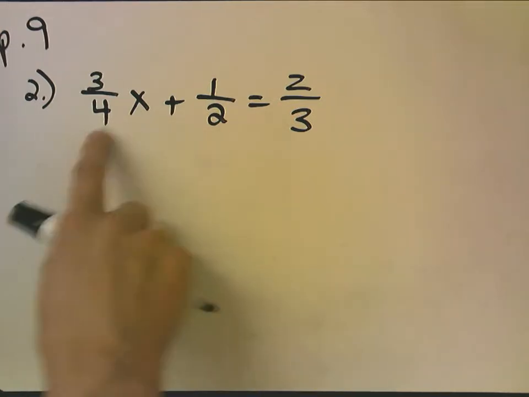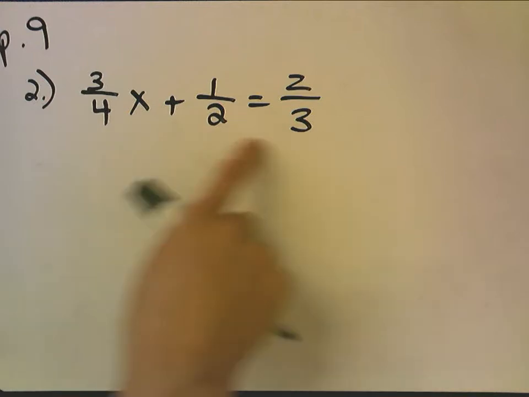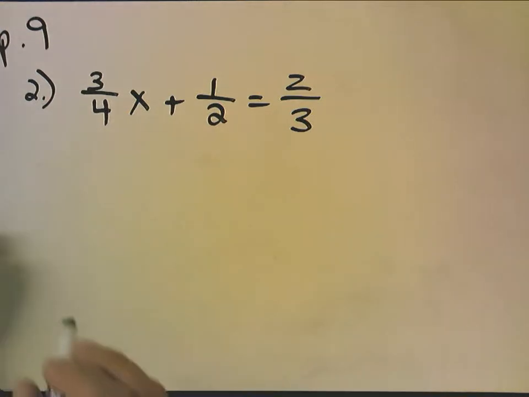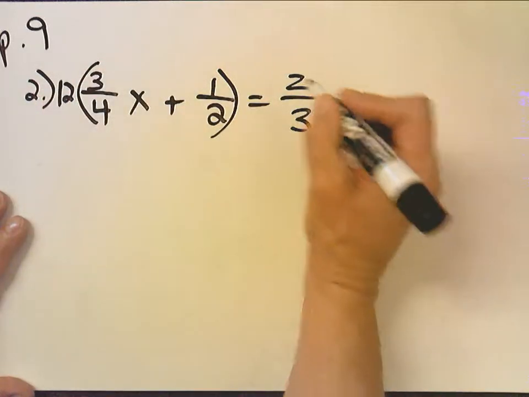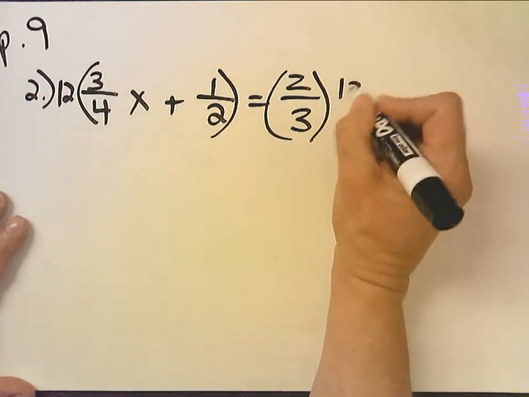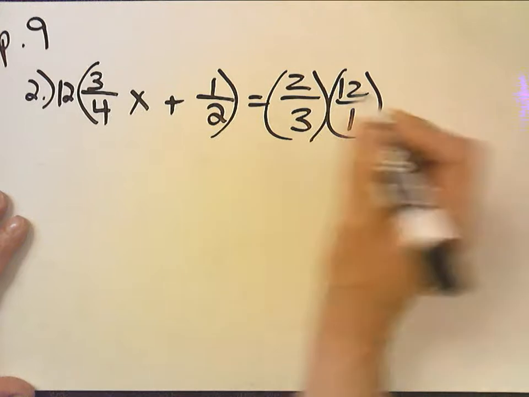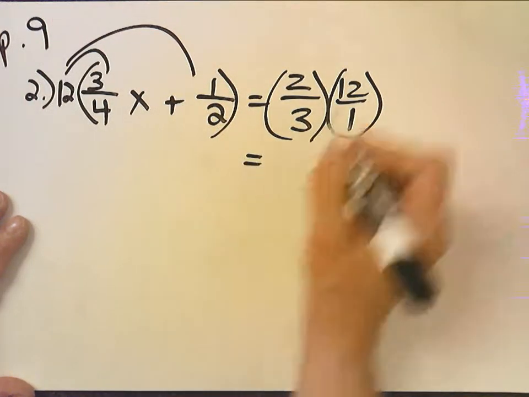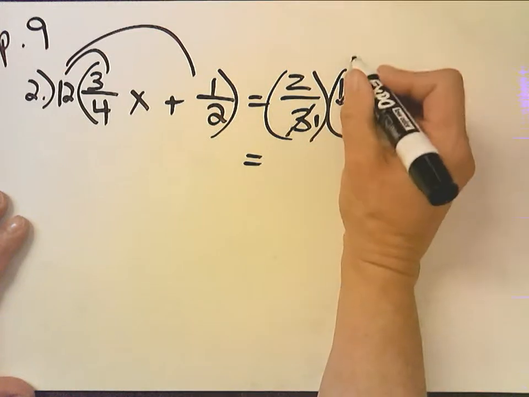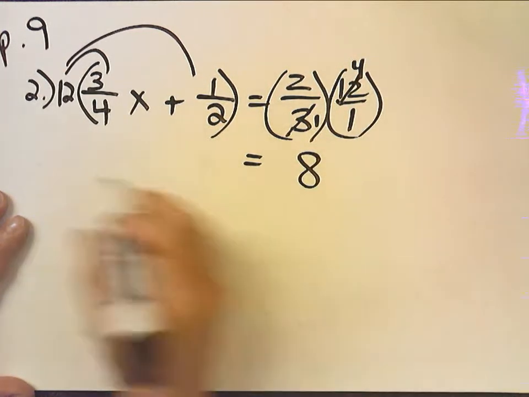I have to include the 3. So here, for the whole equation, the common denominator would be 12. So I multiply that side by 12 and this side by 12. Here, I'll have to distribute. Here, I can use my superpower and get 8.